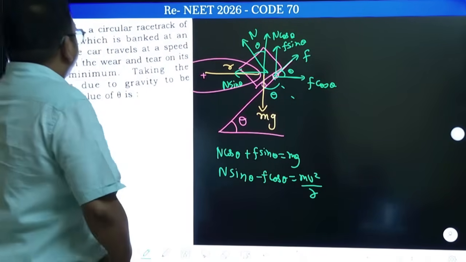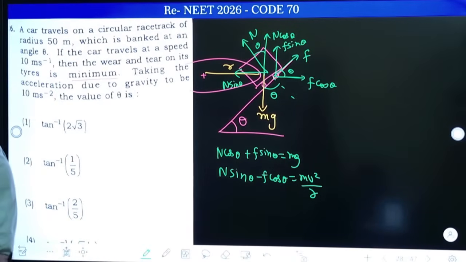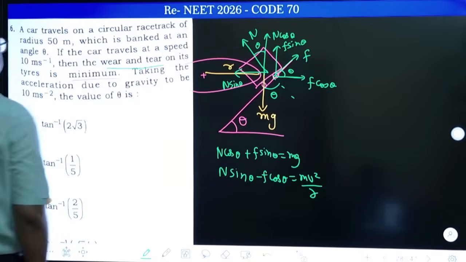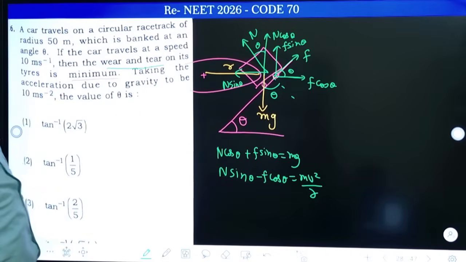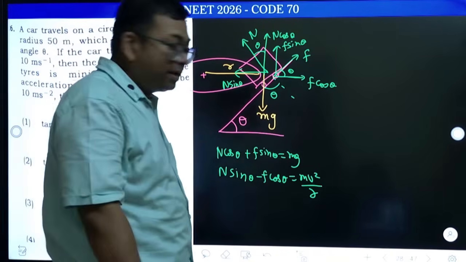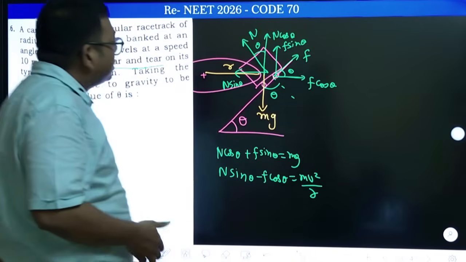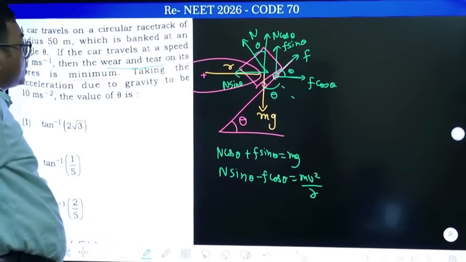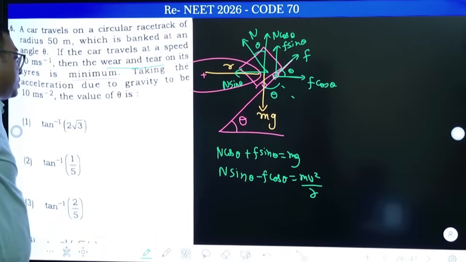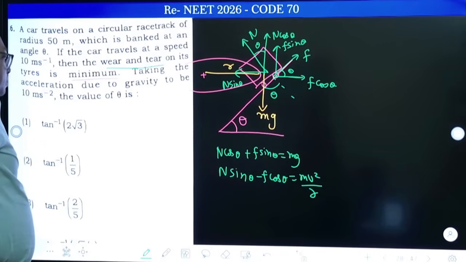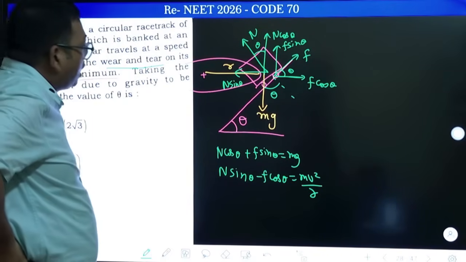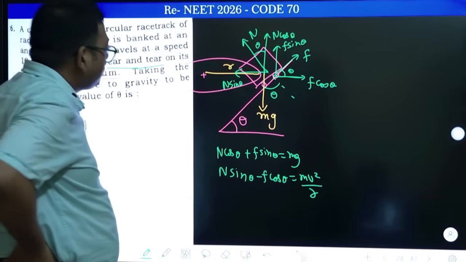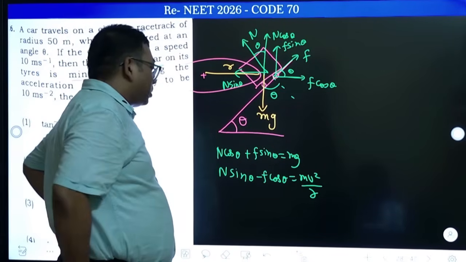When is wear and tear minimum? When they say wear and tear is minimum, that means friction should be minimum, because friction only causes wear and tear. So how can we say friction is minimum? We need to calculate friction. Should we eliminate normal?